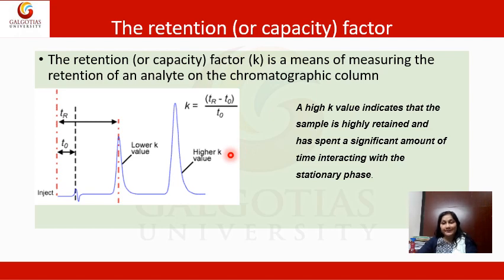Means the component that has more affinity with the stationary phase will have more retention time, and the component that has lesser affinity with the stationary phase and more affinity with the mobile phase will have lesser retention time.